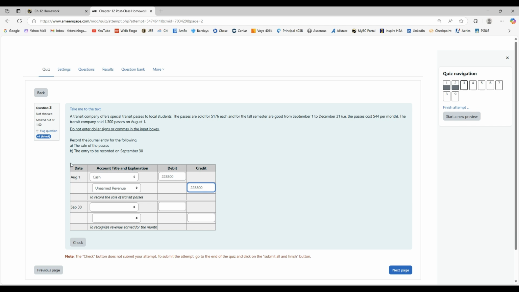And then we're just recording 1 month's worth of the total. These are good for 4 months. So the whole 228,800 will be earned over the 4 month period. So we just have to divide that amount by 4, and we get 57,200.